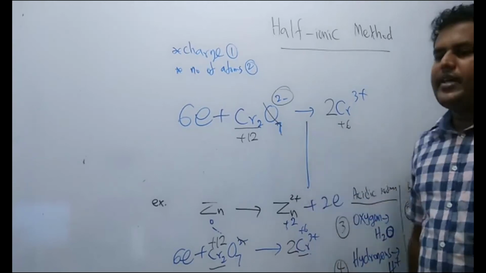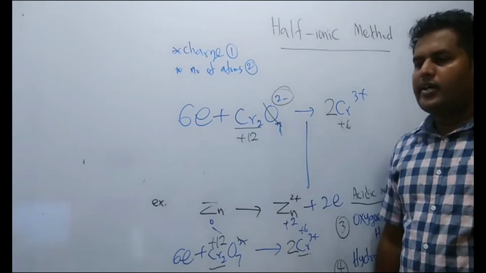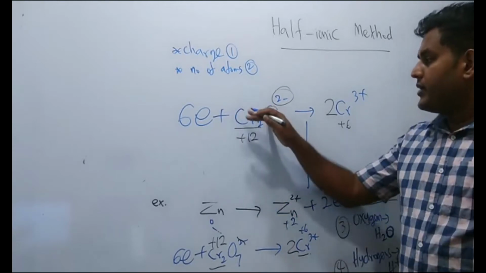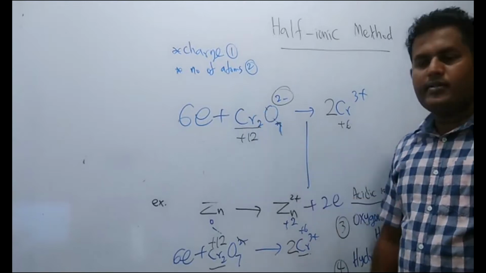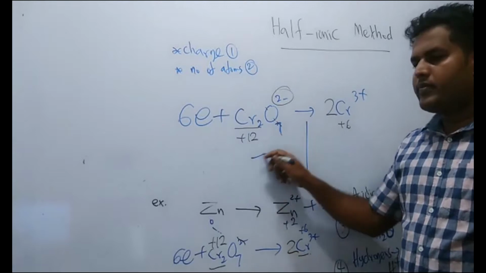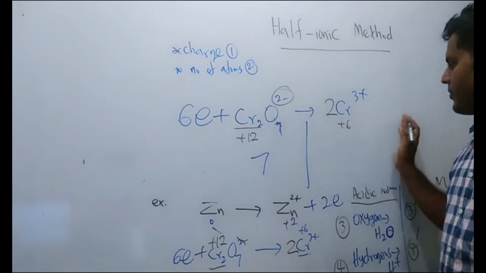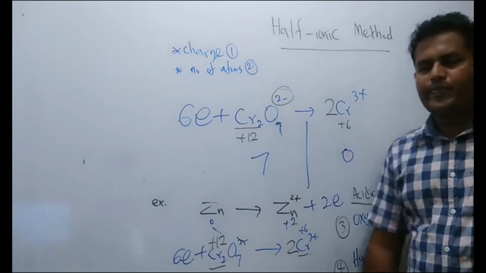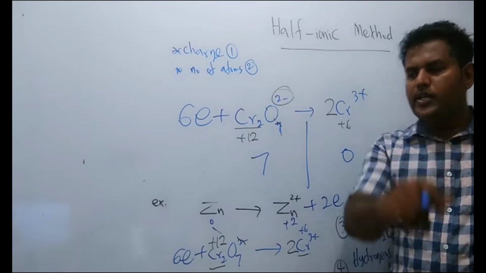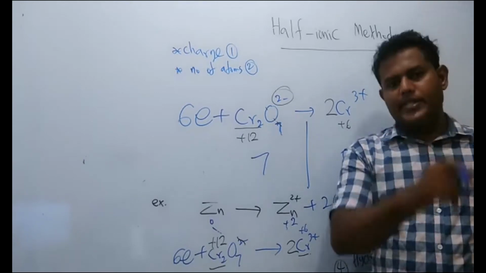In the left side, how many oxygens are there? 7 oxygens. In the right side, how many oxygens? 0. So what is the oxygen difference? You need 7 oxygens on the right side. Right? So then how to balance it?